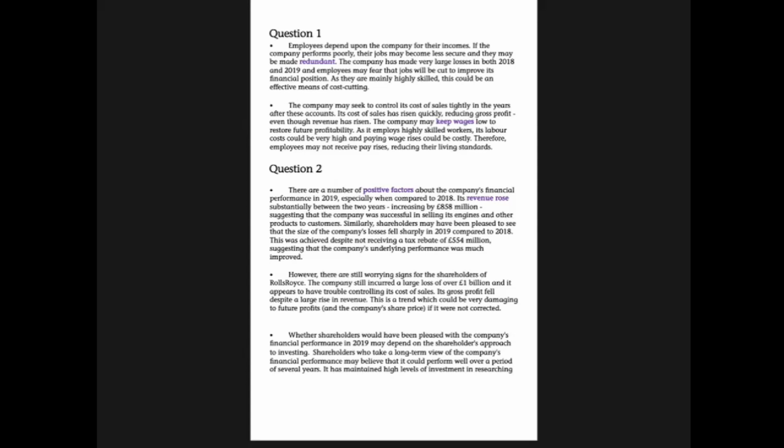So, depending on the approach the shareholders take to investing, that will determine whether they will be happy about the performance of the business or not. These are suggested answers for the question we looked at in the case study involving Rolls-Royce.